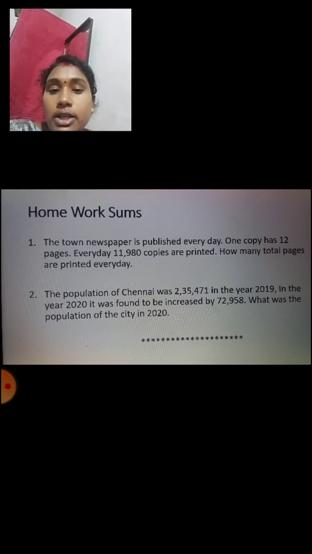How many total pages are printed every day? So in a town newspaper, every day newspapers are being published. So one copy has 12 pages. Okay, one copy has 12 pages and every day 11,980 copies are printed. So how many total pages are printed every day?